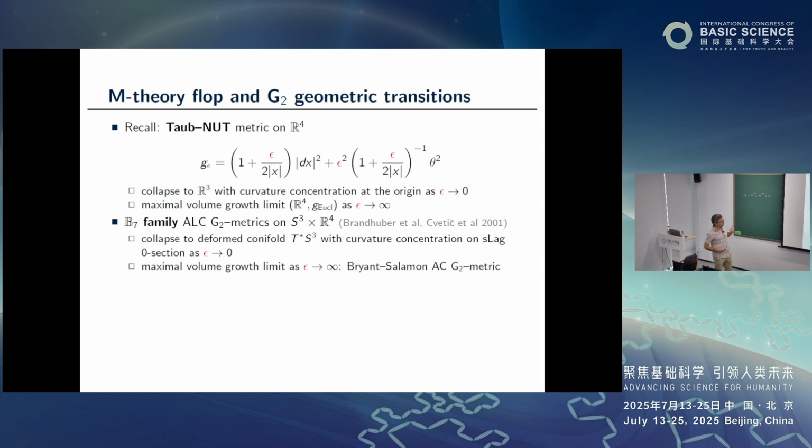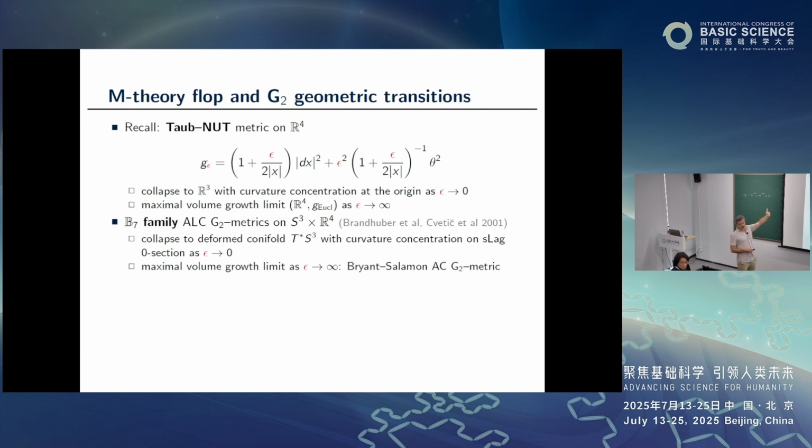Then again in this physics work, there was one explicit example on S3 times R4 of an ALC G2 metric, and then numerically a whole family, where the parameter is precisely this epsilon. So epsilon going to 0 corresponded to collapse to the deformed conifold with the 6 brane wrapped on the zero section here.